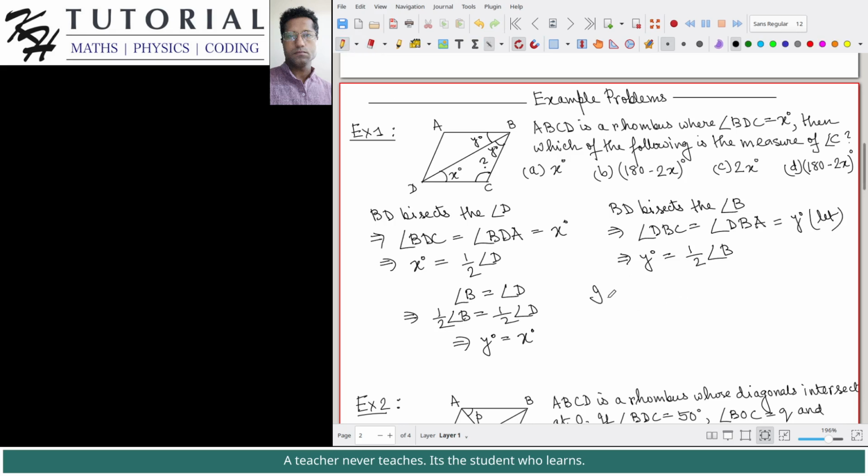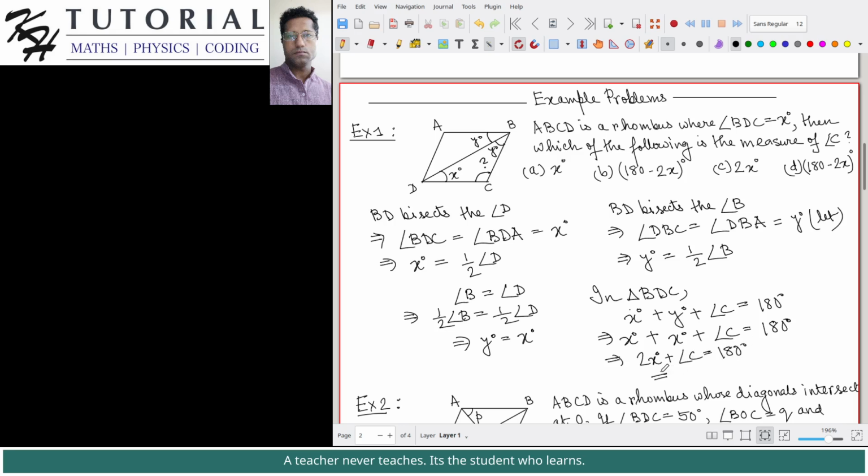Now in triangle BDC, if we apply the angle sum property, we have x degrees plus y degrees plus angle C should be equal to 180 degrees. So x degrees plus y degrees, we have found y to be equal to x, so 2x degrees plus angle C is equal to 180 degrees.